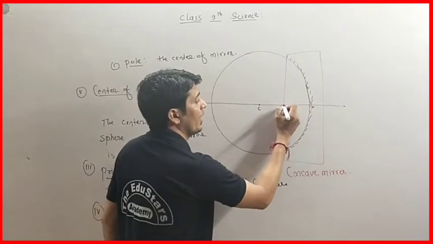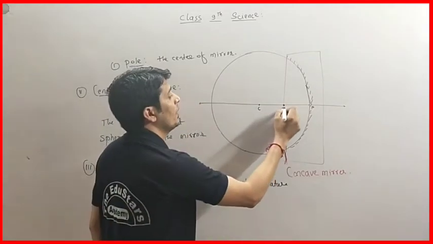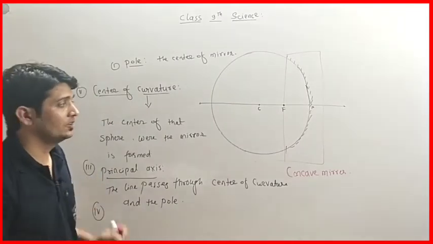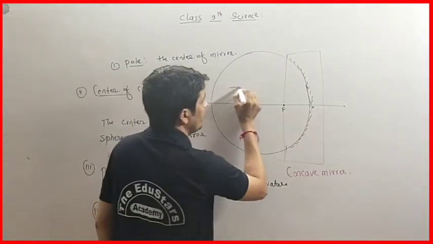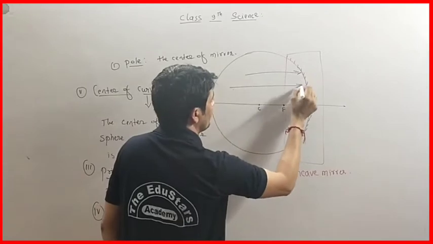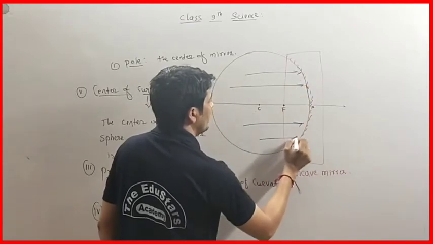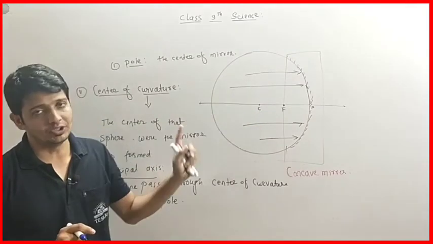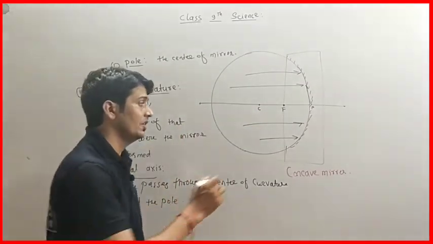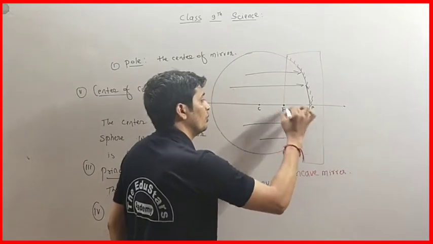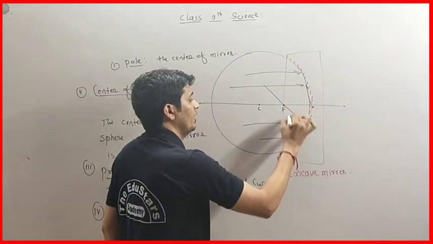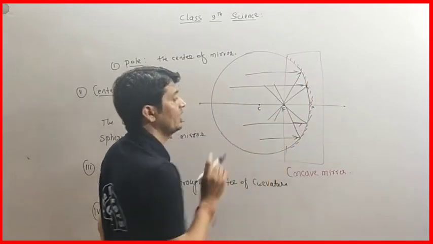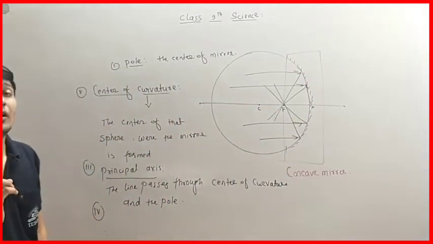We can define principal focus as: when light rays incident on a mirror parallel to the principal axis, after reflection they pass through a single point on the principal axis. That point is called the principal focus.